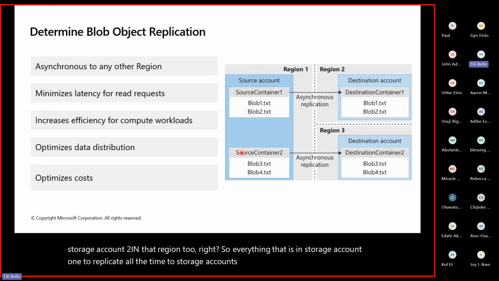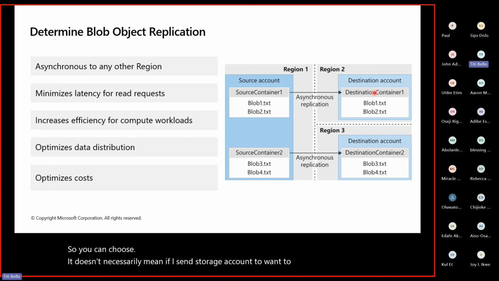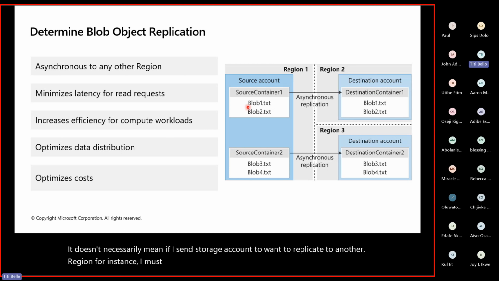Now, recall that this storage account has multiple containers in it. If I replicate storage account 1 to another region, it doesn't necessarily mean I must send every container to the same destination storage account.